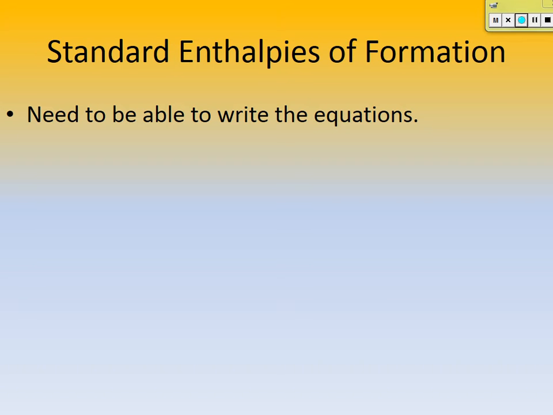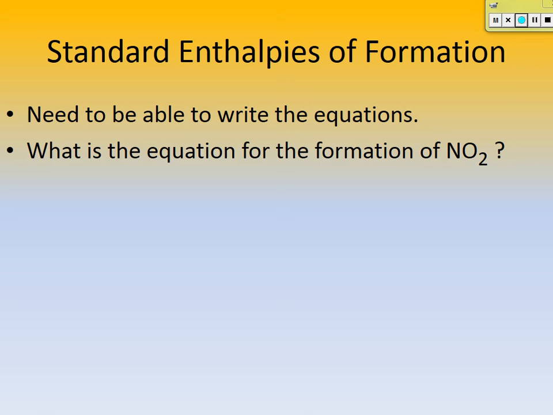Okay, you need to be able to write the equations for standard enthalpy of formations. So let's do that. This one says, what is the equation for the formation of nitrogen dioxide? What elements, guys, are making nitrogen dioxide? Nitrogen, if you're going to make it from the elements, you'd have to have some nitrogen and some oxygen.